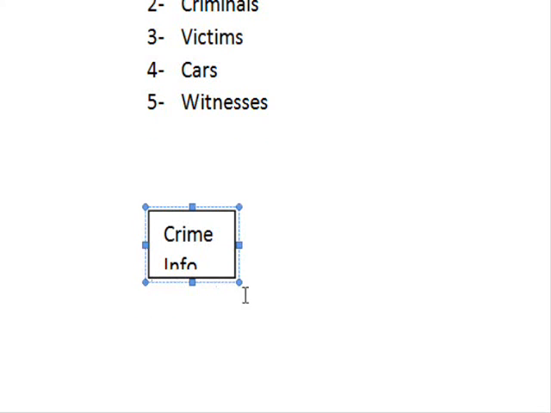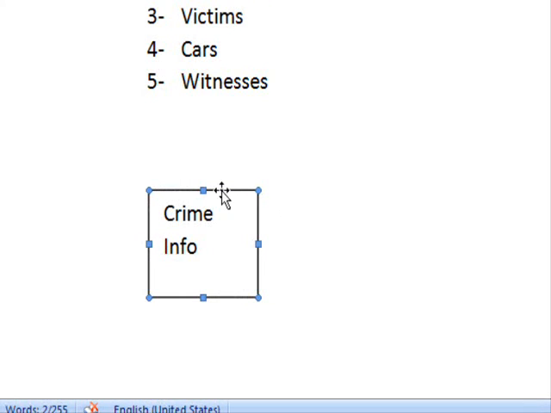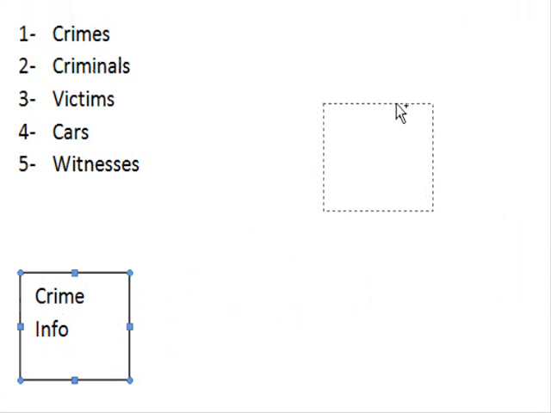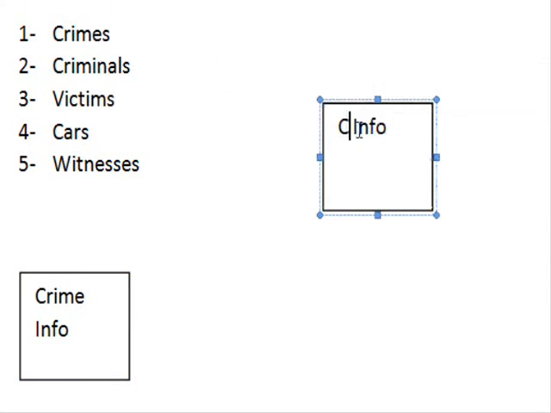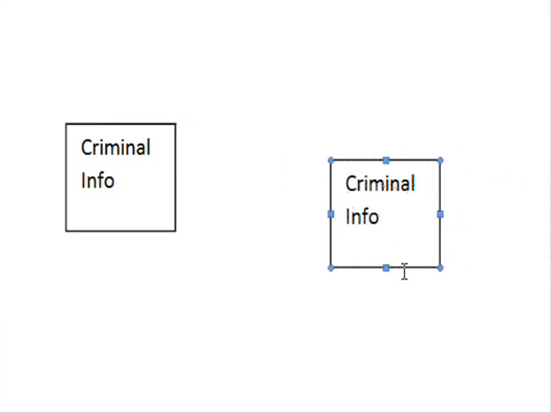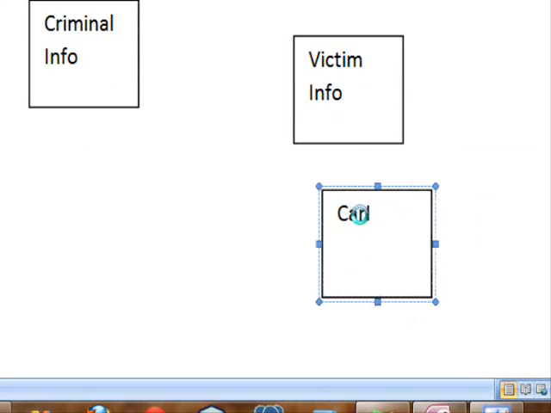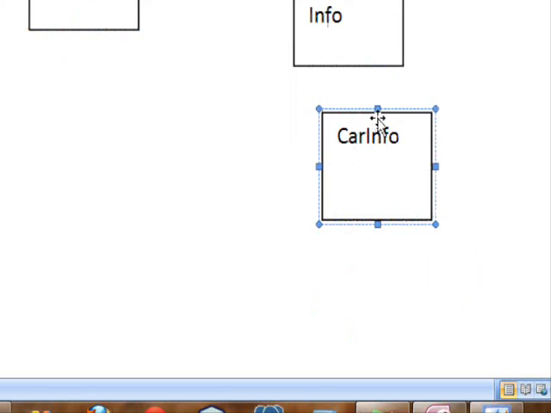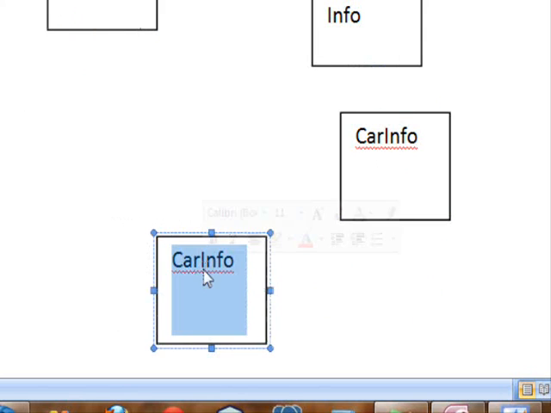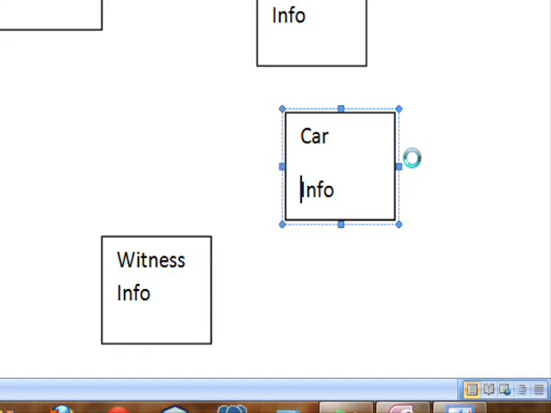crime info. Okay, so you have a table to store crime information, you have a table to store criminal information, you have a table to store victim information, and you have a table to store car information, and you have a table to store witness information.